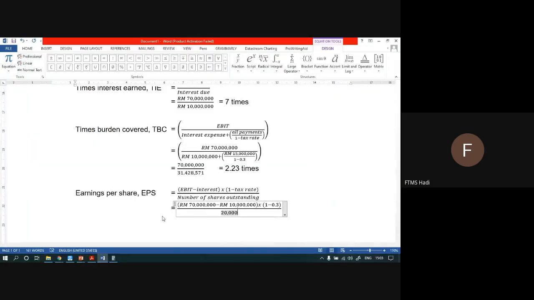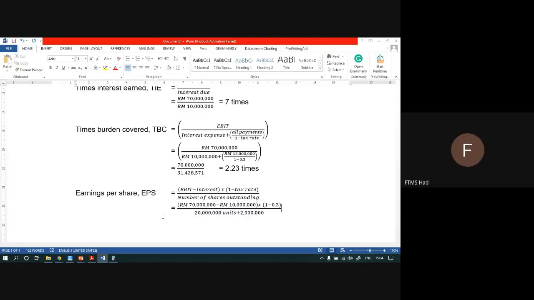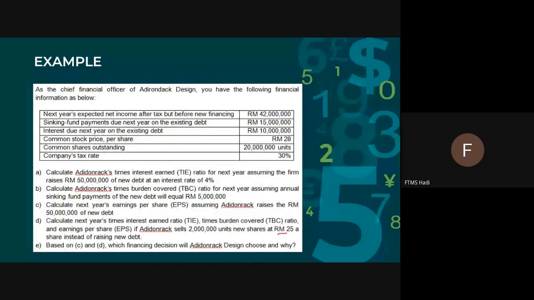The 20 million shares at 25 ringgit is just additional information and doesn't do anything. Just ignore it. This one we do not use, just additional information only.